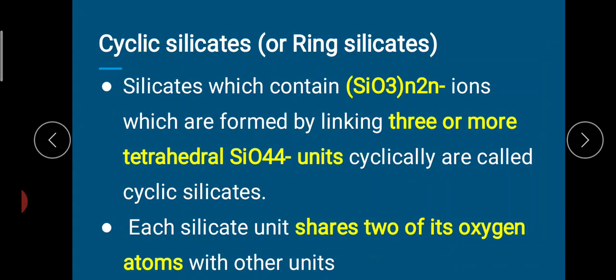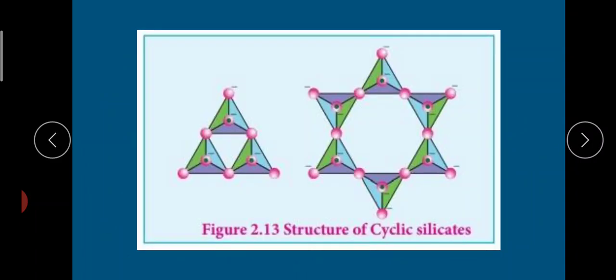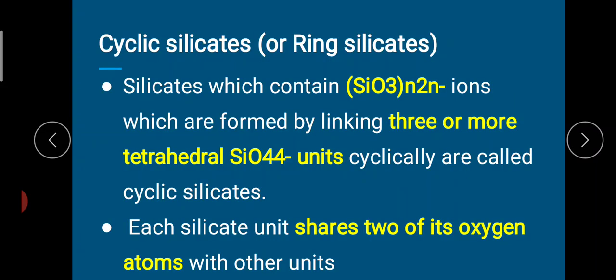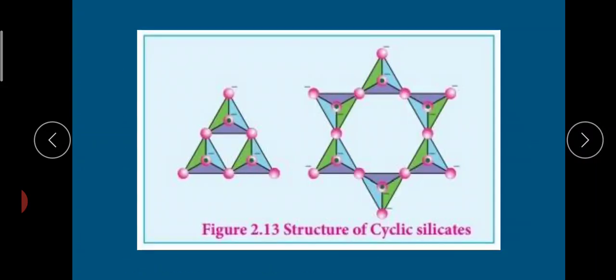Then we saw ring silicate or cyclic silicate. Here the units are SiO3 2n-. You have to take this part alone. Here it has one Si and 3 oxygens, SiO3, and n number of units will be there.